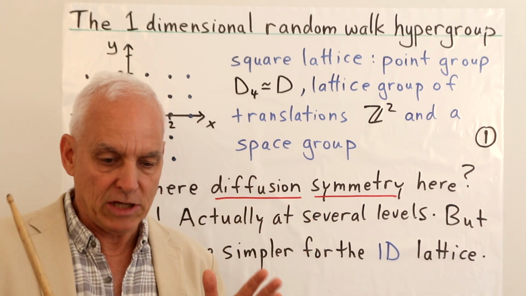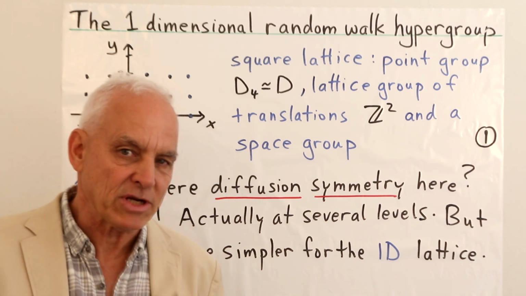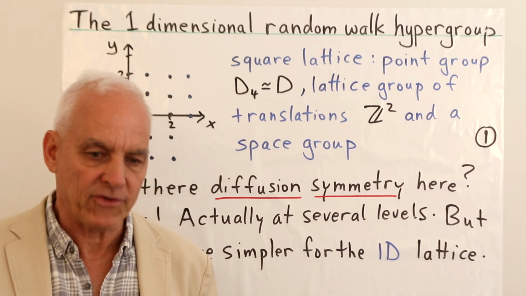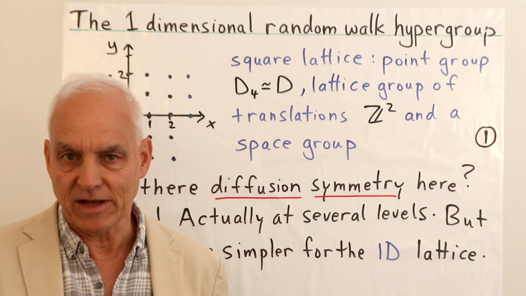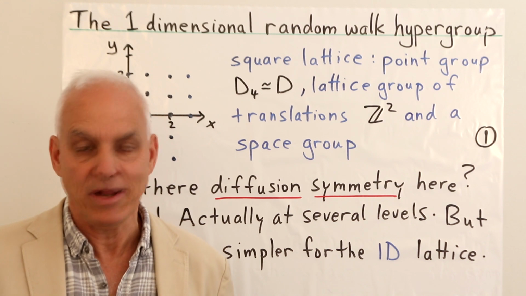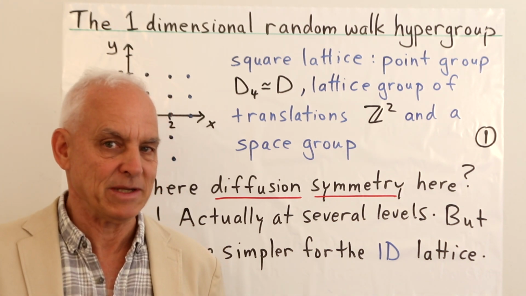So it's going to be really useful. You're going to find out lots of useful techniques having to do with matrix theory and semi-direct products that allow us to get a good handle on the classical symmetries in such a situation, and then allow us to move on towards the hypergroup diffusion symmetry story.